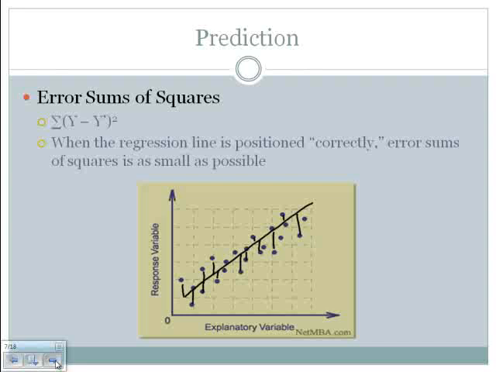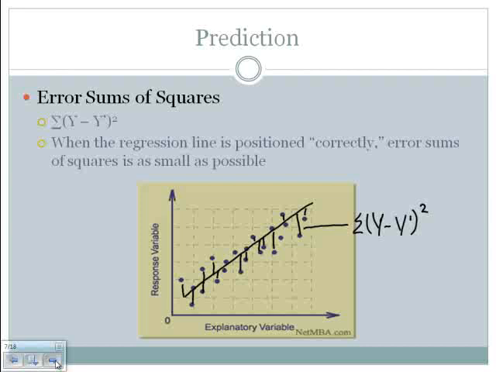So there's our distances. We're going to take each of these. So I want to just draw the line to one of them. So that's y minus y prime. And then error sums of squares says take all of those, square them, and then sum them up. So that concept shouldn't be anything that is particularly new to you.